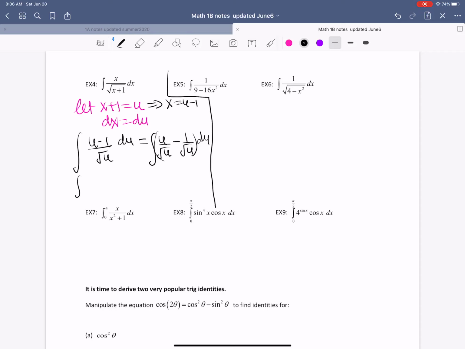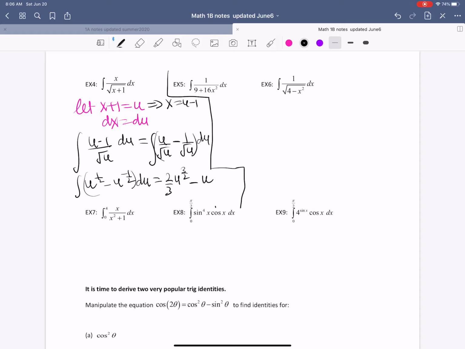And again, when I subtract the exponents, it's u to the power 1/2 minus u to the power negative 1/2 du. When we integrate u to the power 1/2, that is going to turn out to be add 1, 2/3 u to the power 3 over 2, and minus, negative 1/2 plus 1 is positive 1/2.